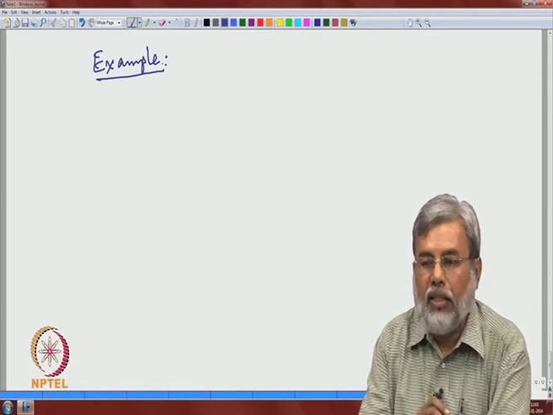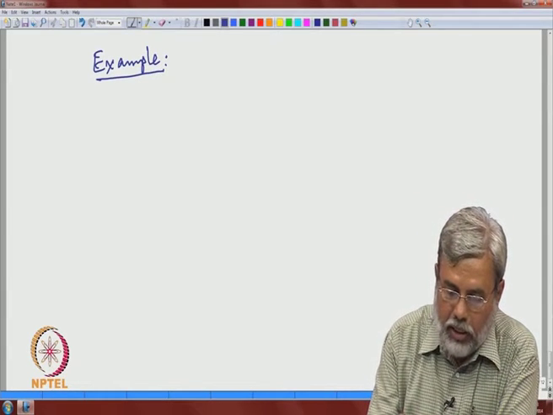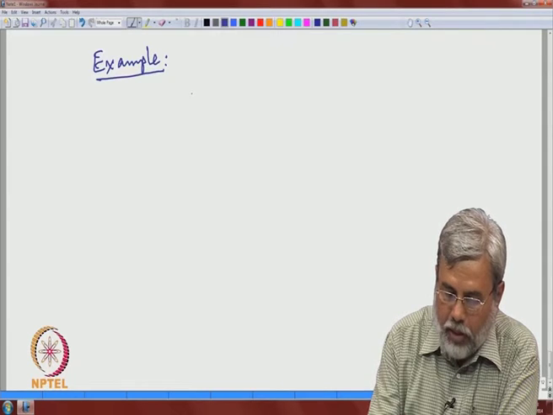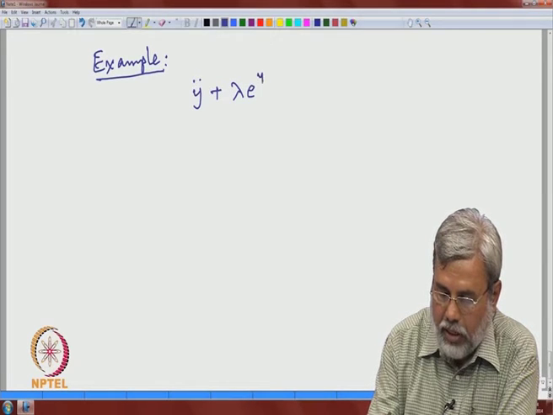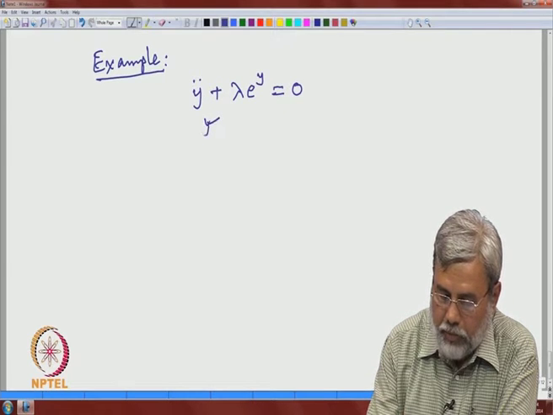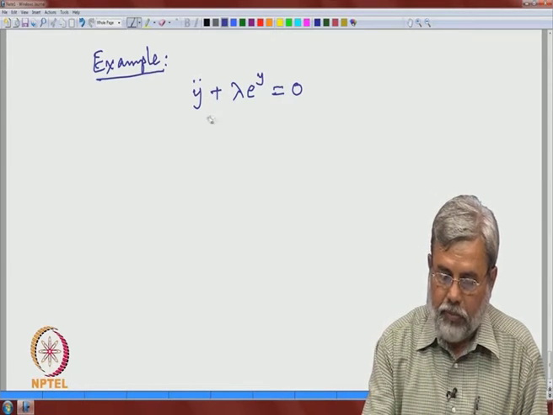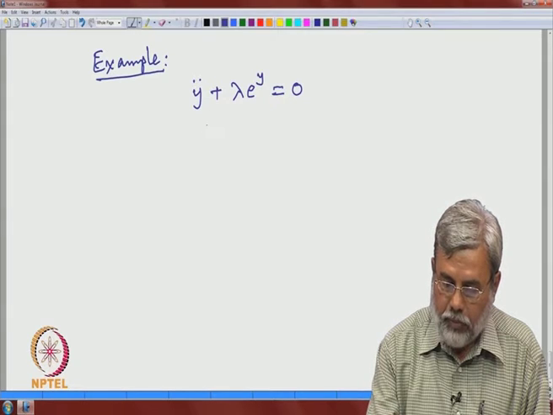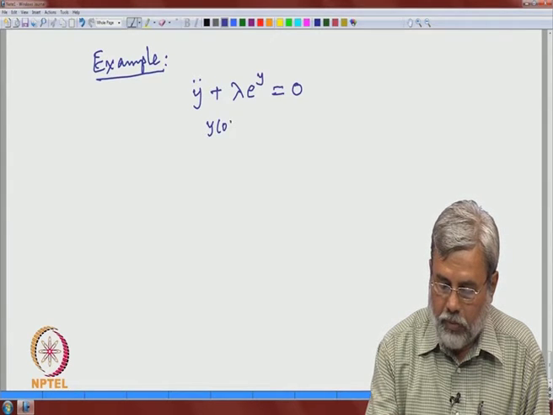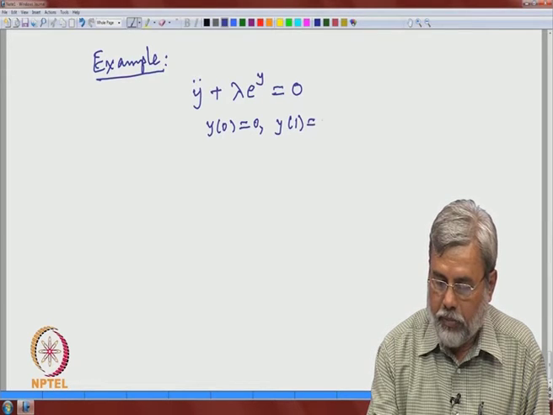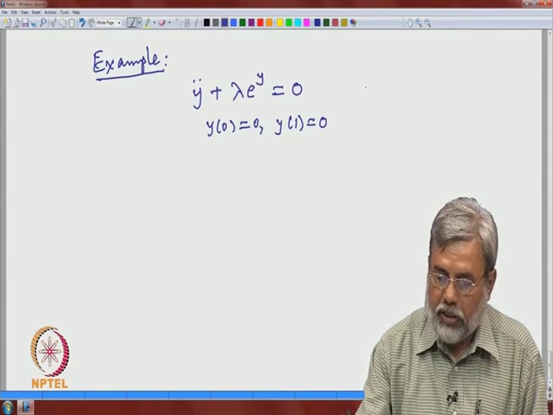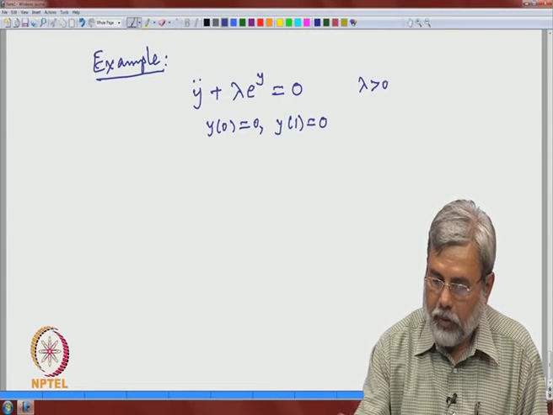It is y double dot plus lambda e^y equal to 0, with y(0) equal to 0 and y(1) equal to 0. Here this lambda is positive.